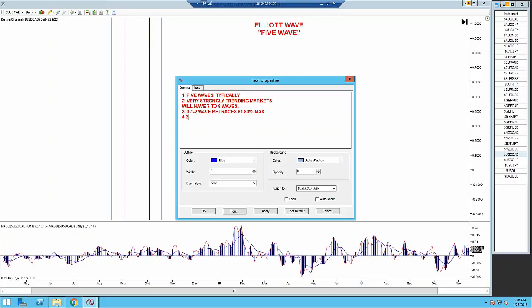The 2 to 3 wave, I'm going to go over this. The 2 to 3 wave is typically the largest wave.